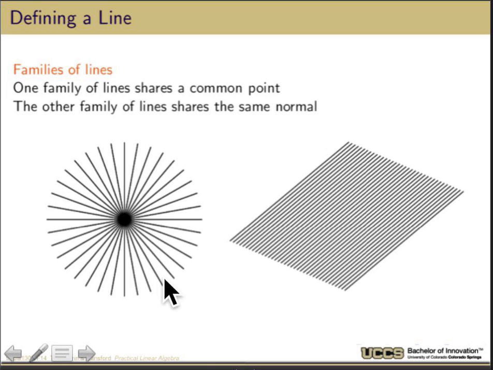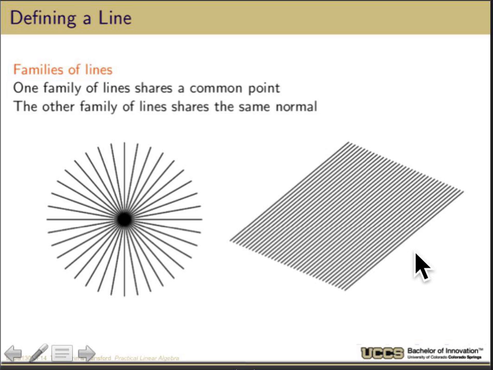We can talk about the concept of a family of lines. One kind of family of lines is all the lines that share a common point. Then you choose any second point, you get another set of lines. So all of these lines or line segments have a common point in the middle and different points on the outside. Another kind of family of lines could be a family of lines that all share the same normal.